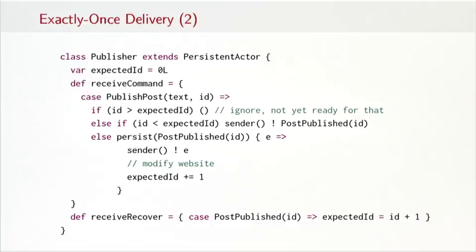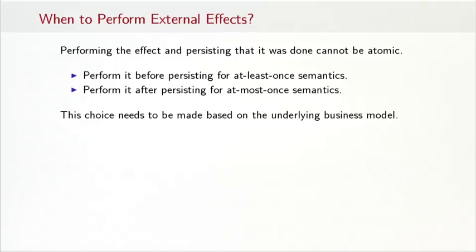If the machine crashes at the exact wrong time, then the message may have been delivered, but it has not yet had its effect. The underlying issue is a fundamental one. Performing an effect and persisting that it was performed can in almost all cases not be done atomically. You need to do either one, then the other, or the other way around.